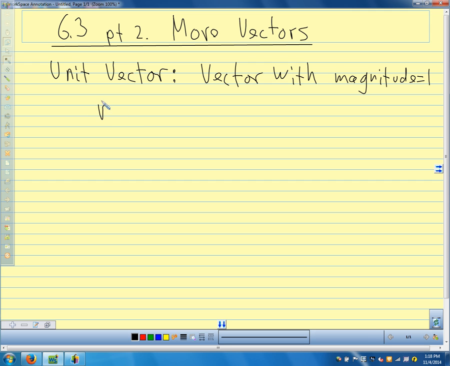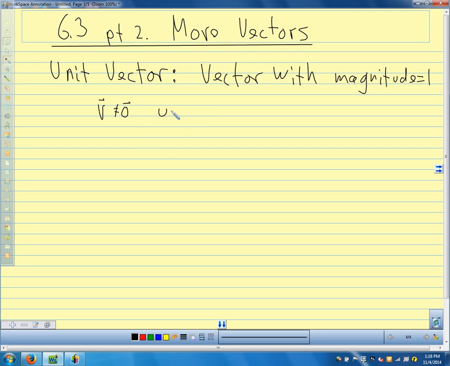If we have a unit vector in the direction of v, we're going to say our vector is not equal to 0, so we're not talking about the 0 vector, not talking about a vector with magnitude 0.